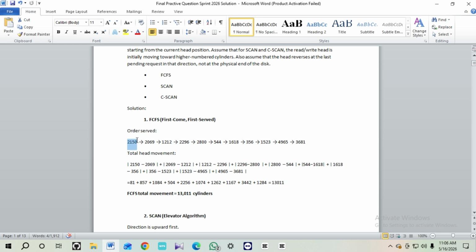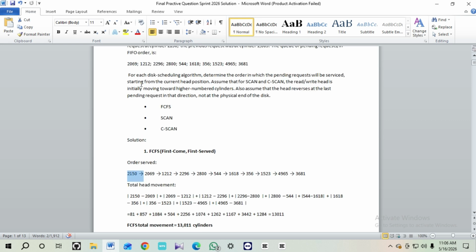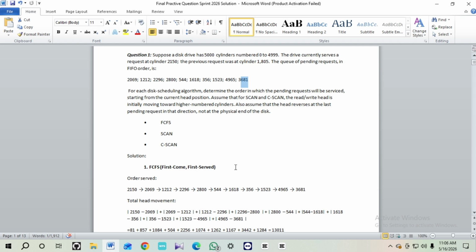From 2150, first came 2069, we put it there. Then 1212, we put it after that. Then 2296, we put it after that. This way we keep going and we end up with 3681.